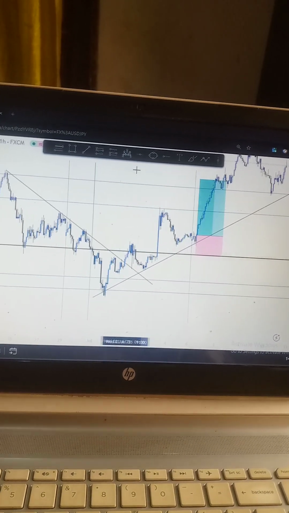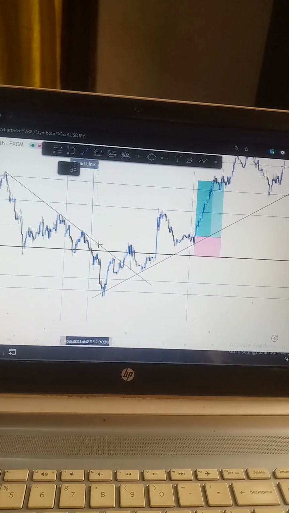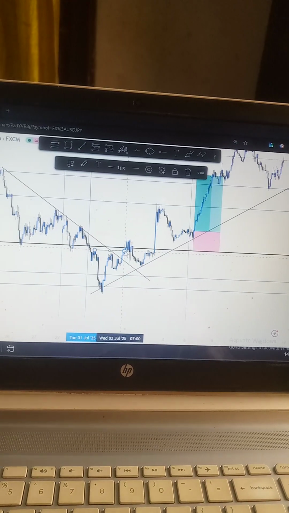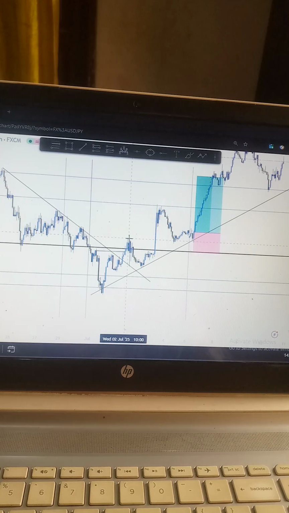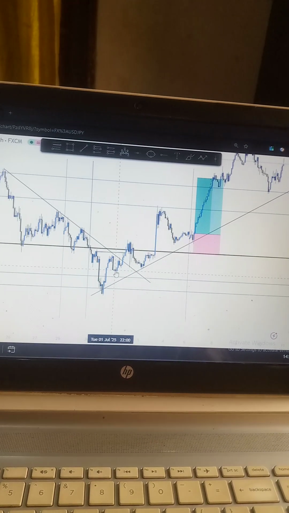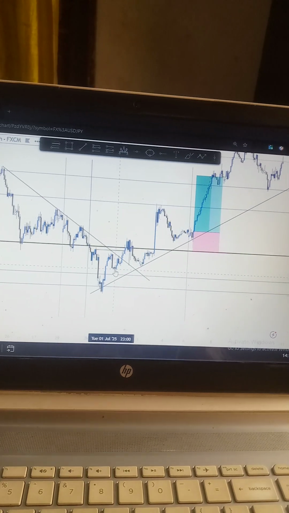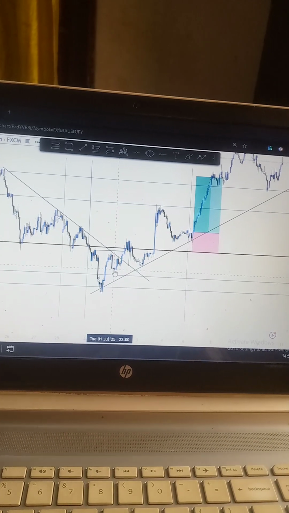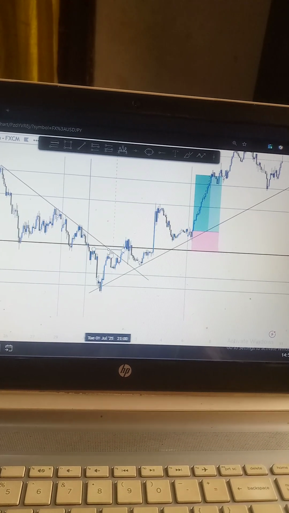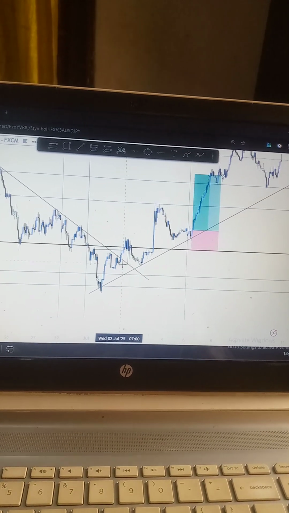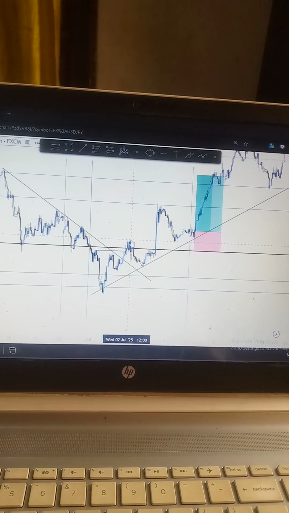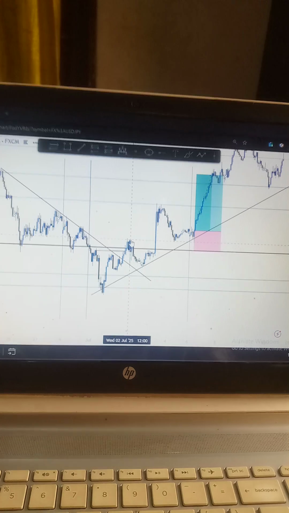So as you can see, the structure got broken somewhere here, creating a new structure which is a new higher high, and this higher high has been caused by this higher low. Okay, this low right here. So as soon as that happened, you could see that the trend line also got broken to the upside. So we realized that there's going to be a change in direction of this market.